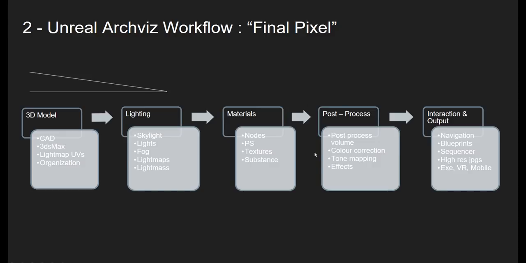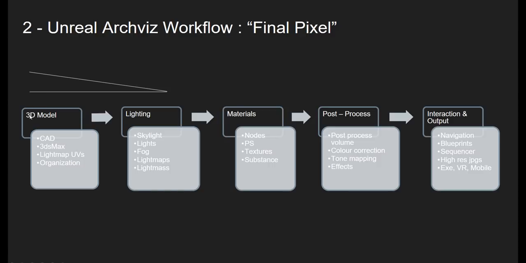That might stop about here, just before the post-process, which is typically done in other applications. So here, Unreal is trying to span the entire process, and is even beginning to do some 3D modeling currently. This is very interesting for us, not having to move from package to package.